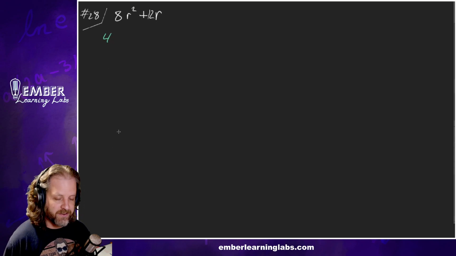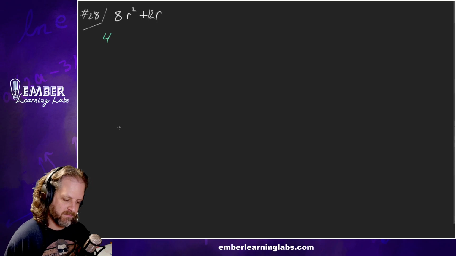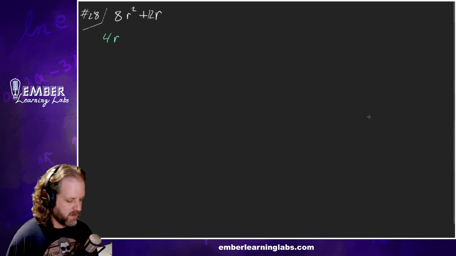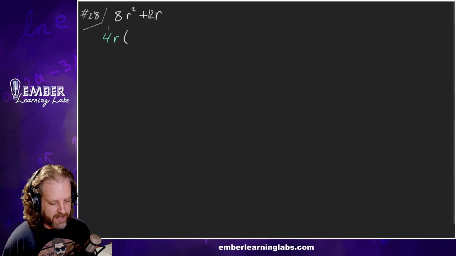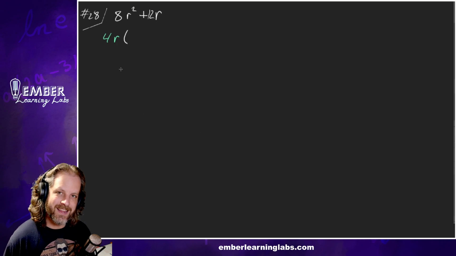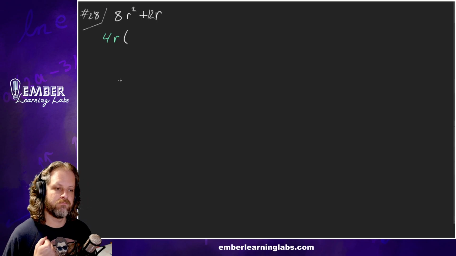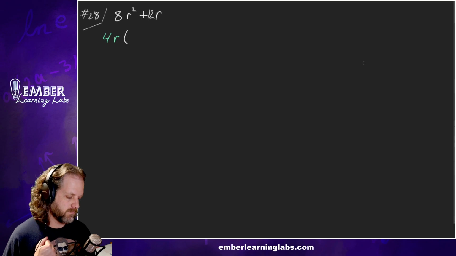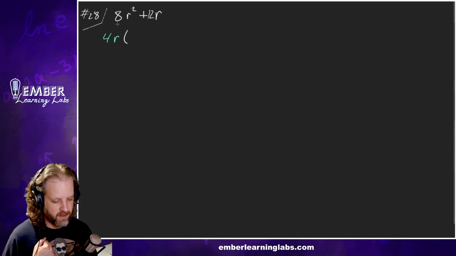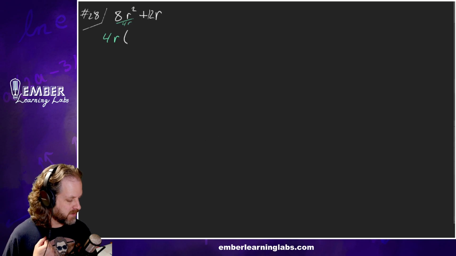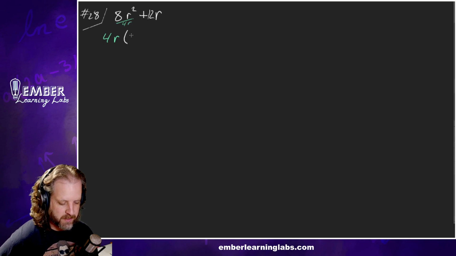Is there any letters in common? So we're going to pull out 4R. When we pull out a 4R out of the first one, what's left? When we divide this by 4R, what's left? 2R.